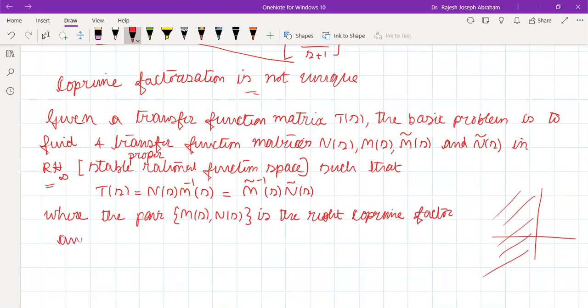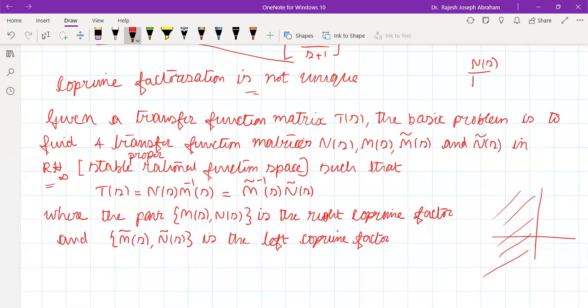When you have a ratio of polynomials n by m, we can write it either as n of s m inverse of s, or as m inverse of s n of s.